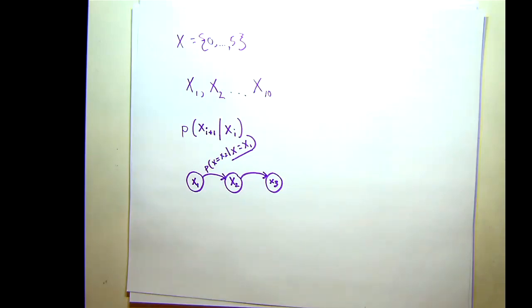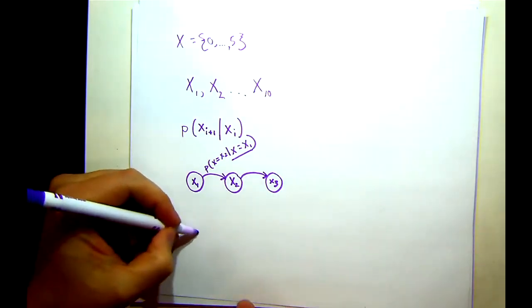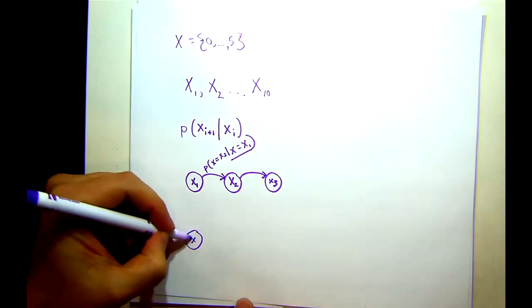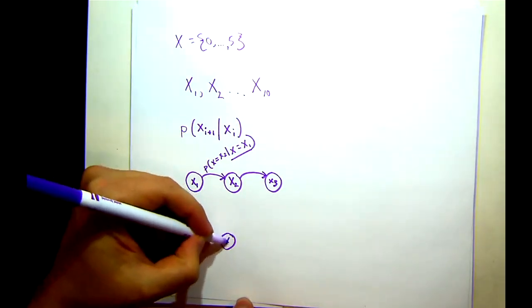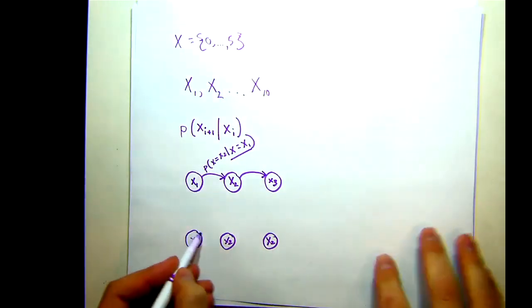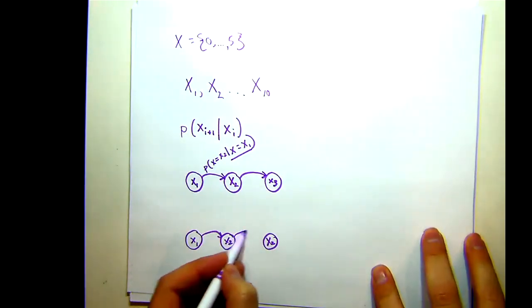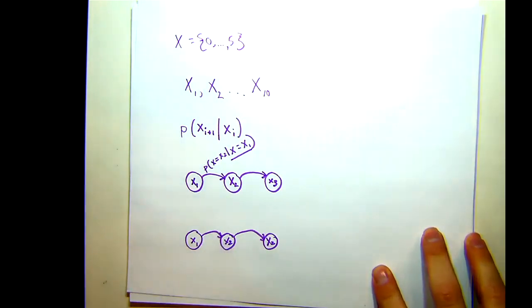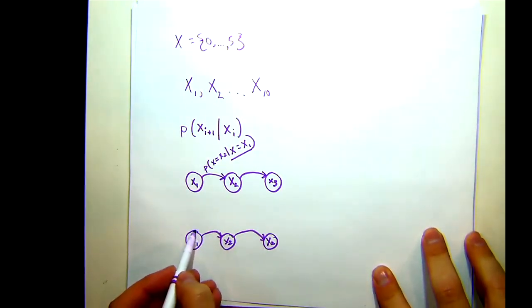However, even though a Markov chain is defined like that, you'll often see drawings like this, where the arrows indicate some dependence.